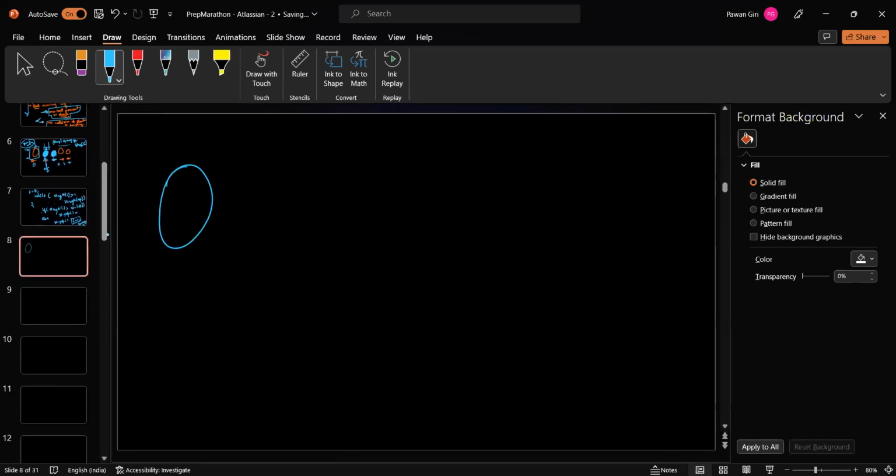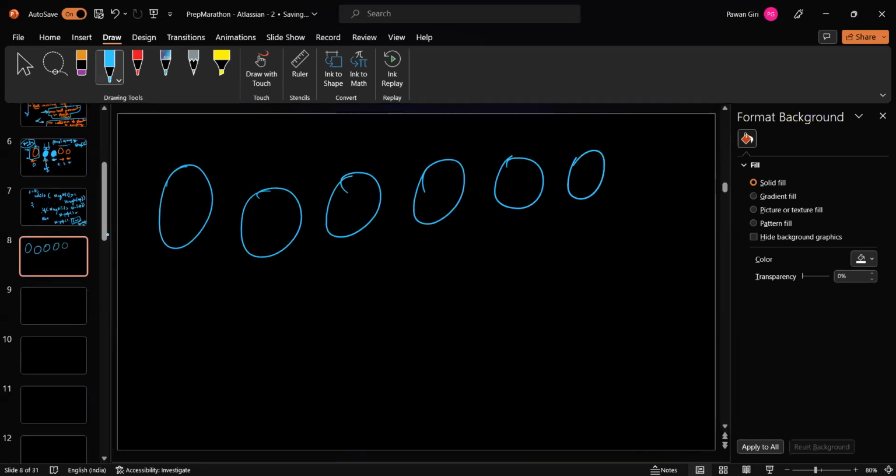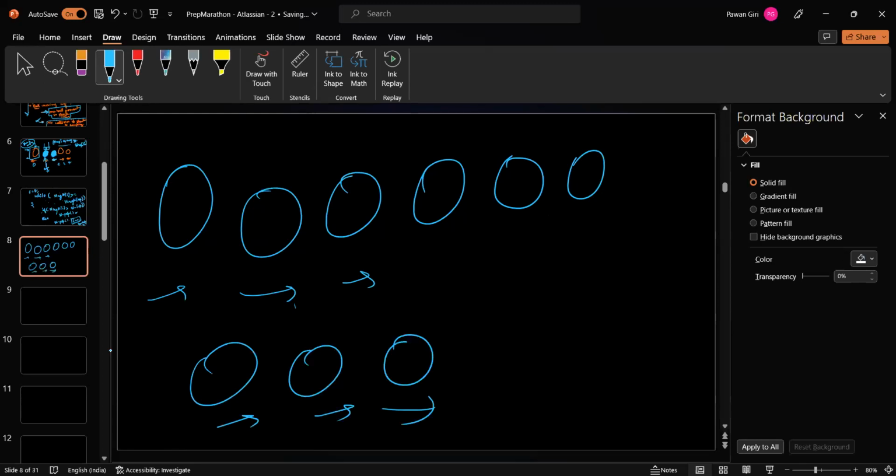So, what is the logic here? There are multiple balls. They are moving in the right direction. If there are multiple balls moving in the right direction, are they going to collide anytime? No, they will never collide because everyone has the same speed.